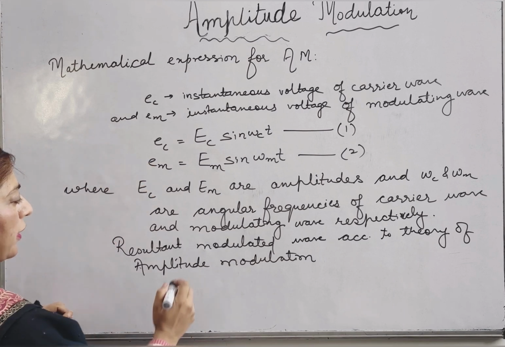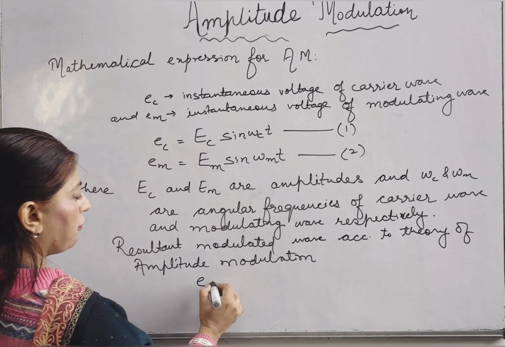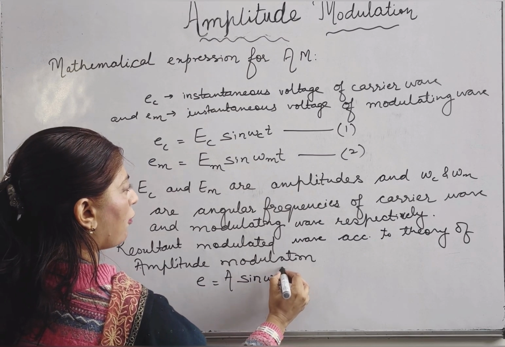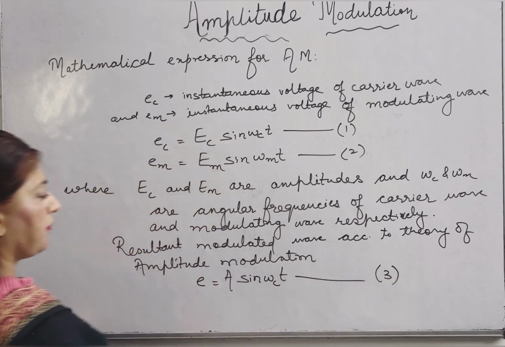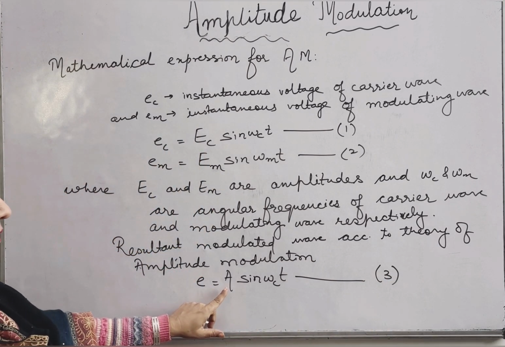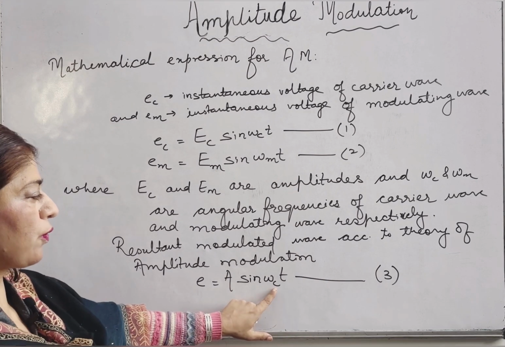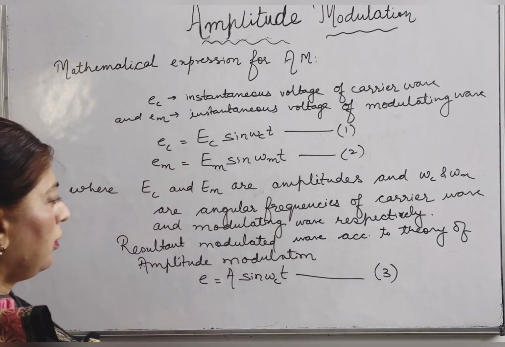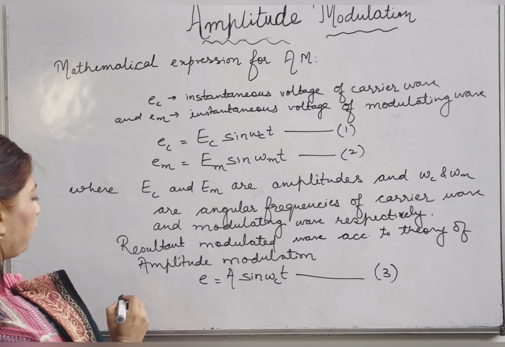That is how we can write down, let E is the resultant wave, then this waveform is written like this. Mark it as equation number 3. Here, A is the amplitude of the resultant modulated wave, and frequency as per the definition remains omega c, where A is the amplitude of the modulated wave.